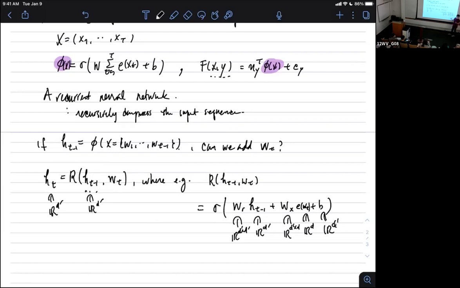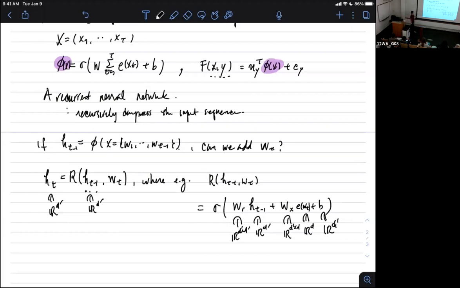And again, we never want to be linear. We always want to be nonlinear. And we apply some kind of nonlinear function, such as rectified linear units or the hyperbolic tangent function, as we saw earlier today. And then once we do that, we end up with a new vector, HT, that is, again, a task-dependent lossy compression of the sequence that spans from W1 all the way to WT. And then we just apply the same thing over and over until we consume the entire sequence.